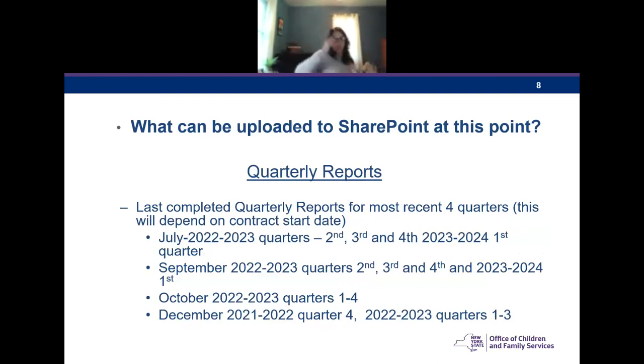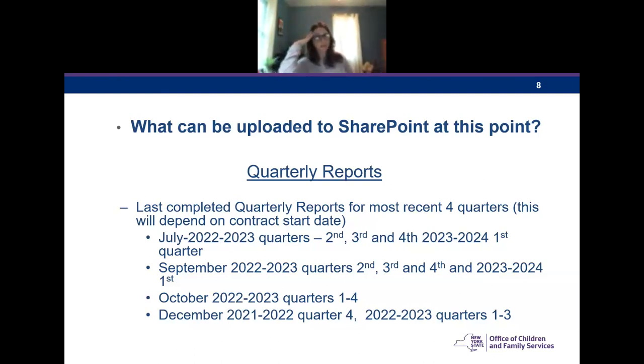And then the last folder in SharePoint is the quarterly reports folder. We have one clarification. We have shared this in numerous other webinars, but just one change. That would be for those of you who have a December start date. Instead of doing quarters 1 through 4 for this year, we're going to have you do quarter 4 from the 21-22 year, and then the first 3 quarters of the 22-23 year.